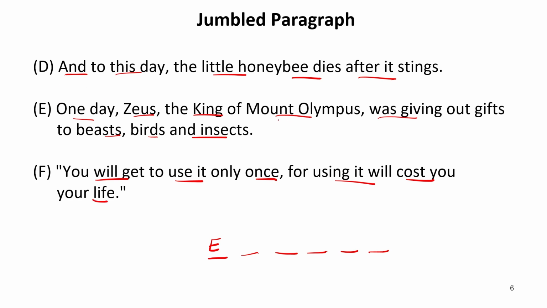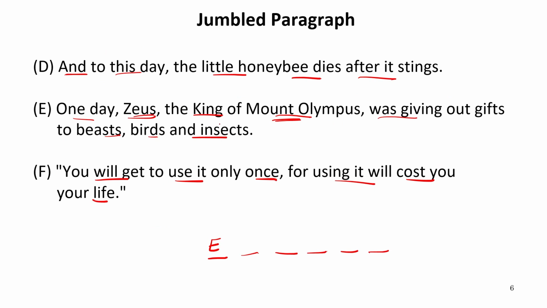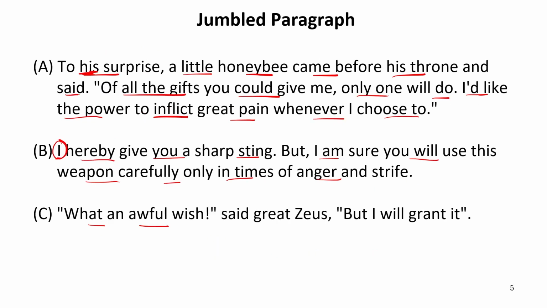Now, the king of Mount Olympus, that is Zeus, is giving the gifts. For that, to his surprise. Now this his refers to the king of Mount Olympus, that is Zeus. So to his surprise, a little honeybee came before his throne.